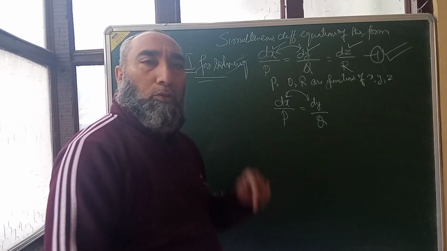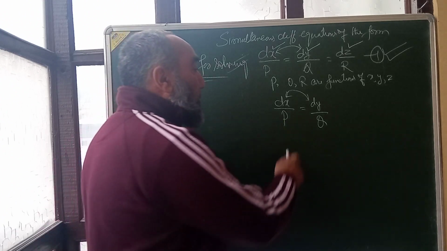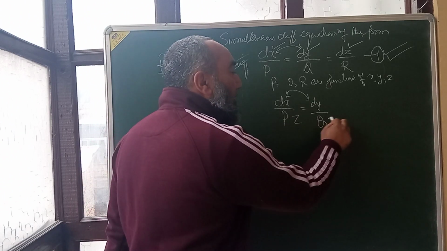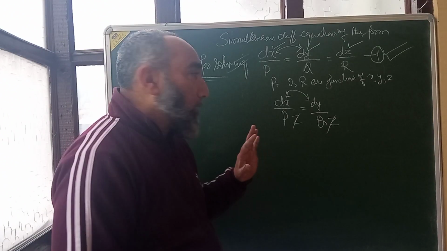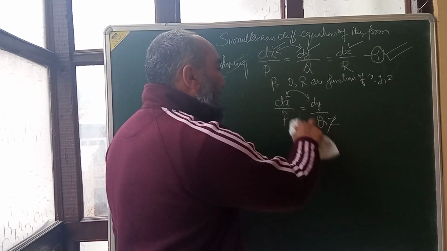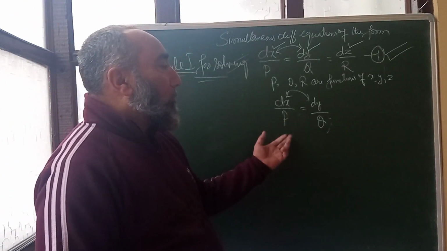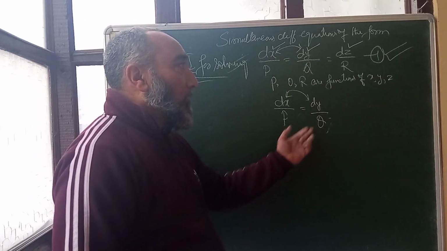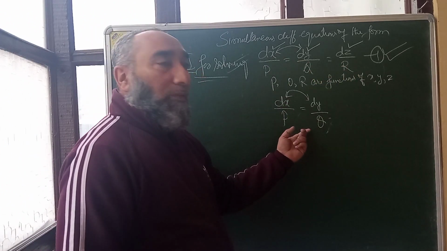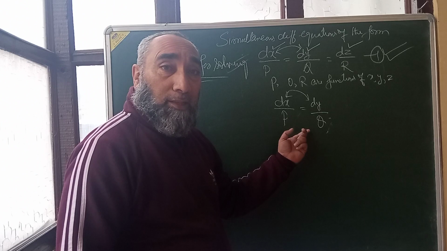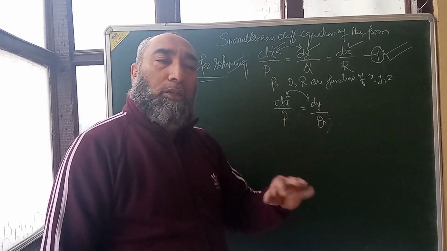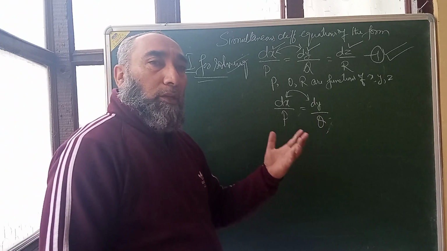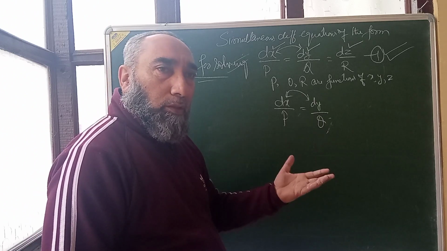We can use the usual methods. Or if it is present but it cancels out, then still we don't have anything to worry about. So rule 1 says that taking any 2 fractions, if one of the variables is either absent or cancels out, then a solution can be obtained by usual methods. Usual methods means which you are already familiar with in 12th.